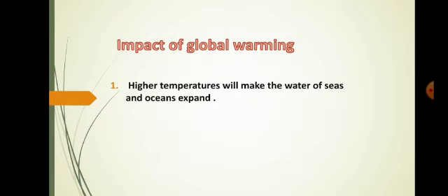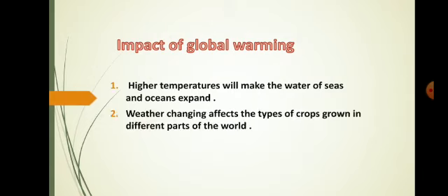It will increase the sea level. When the sea level is increased, it will be a threat to the low-lying coastal areas of the world, for example, Netherlands and Bangladesh, etc. Even some places may sink into the sea.